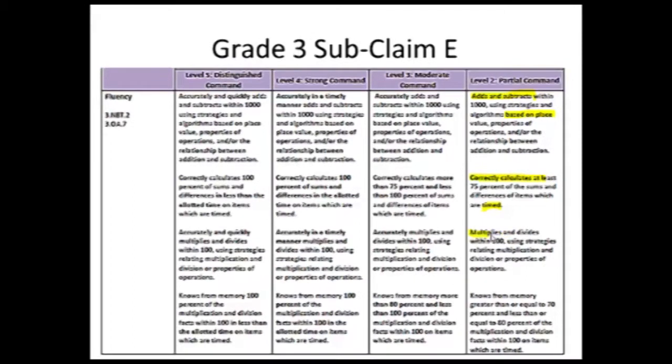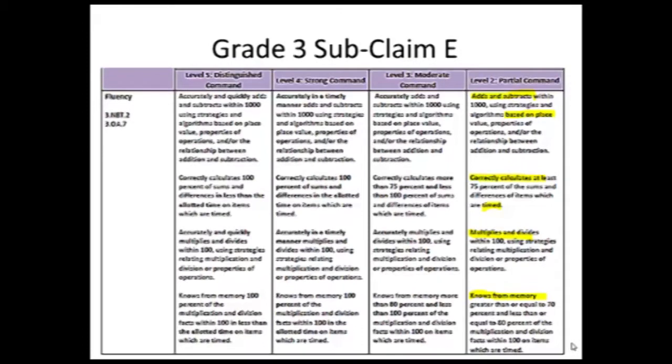And then in third grade, we're also having a fluency requirement for multiplication and division that involves strategies and also involves memory. And so the idea that we need to just do timed tests ad nauseam is kind of incomplete.